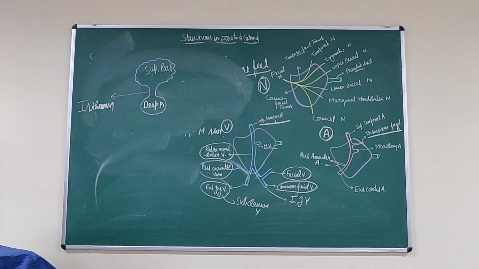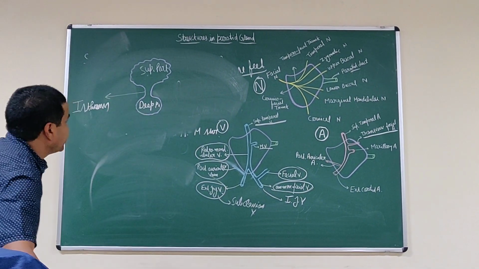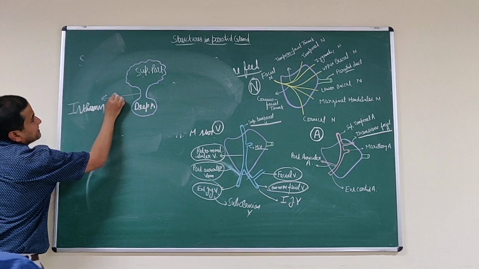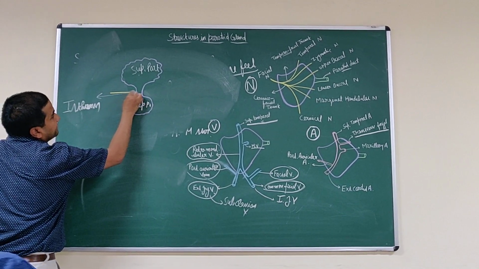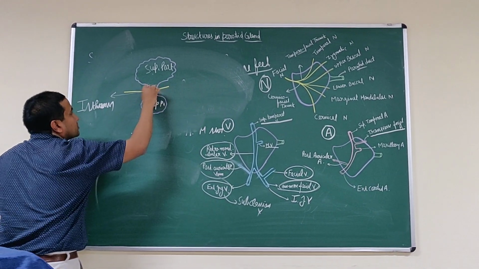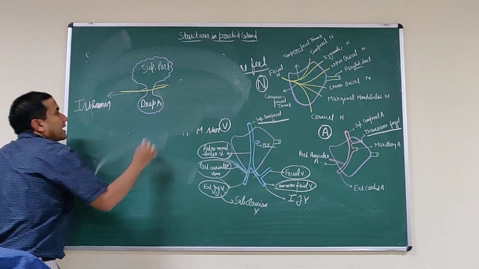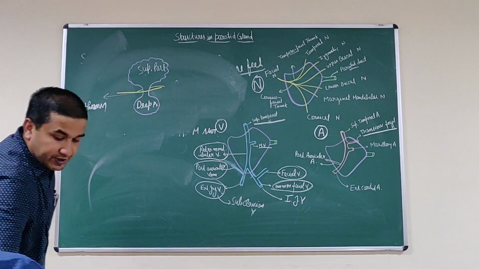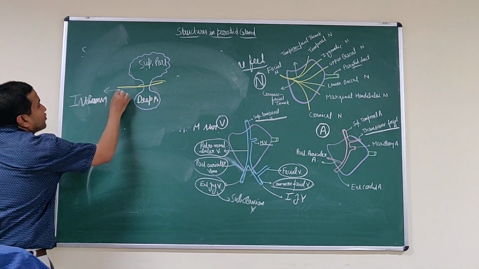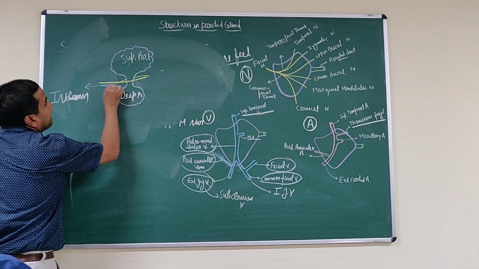And through this isthmus, there is a passage provided. It is the facial nerve that runs through this isthmus, and along with this, it is the retromandibular vein.